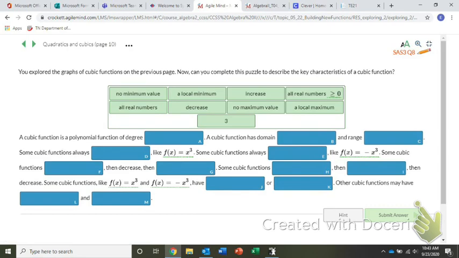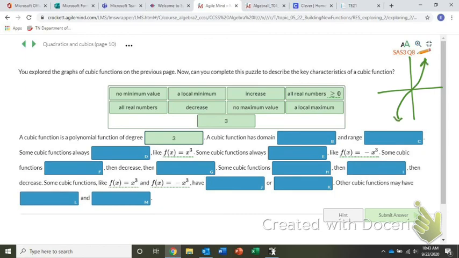Now, for number 10, we're talking about cubic functions. It says, a cubic function is a polynomial degree of 3. A cubic function has domain blank and range blank. So remember, this is a cubic function.